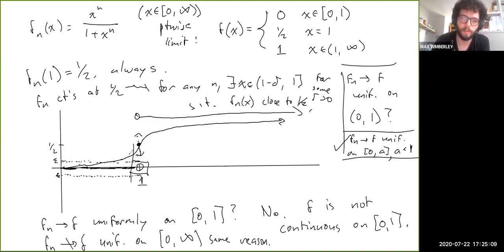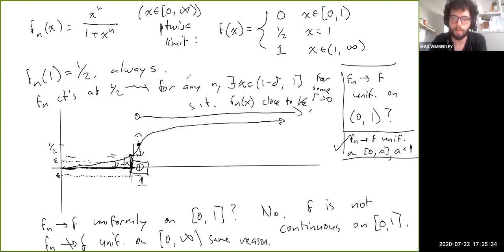Once you cut that off, all of this stuff does converge to 0, and the worst behavior is always right at the biggest value of x. Since fn at that value of x approaches 0, you can bound the entire behavior of the function by that one point, and so you can show it converges uniformly that way.